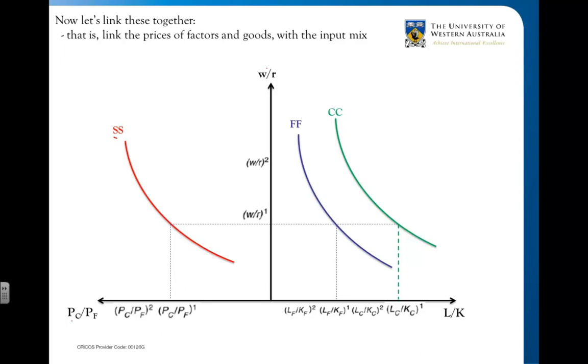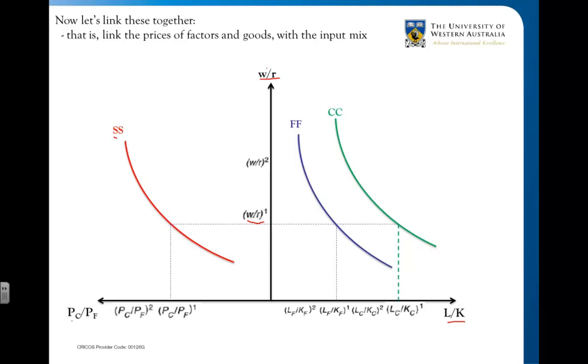And then now I've got the relative factor prices on the vertical axis, and that labour capital ratio, which was the one from the previous diagram. So I'm linking the two together to look at the input mix. Okay, so let's assume we start off at a point here, with a relative factor price of that.